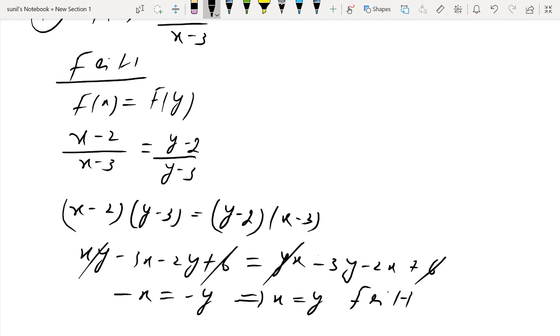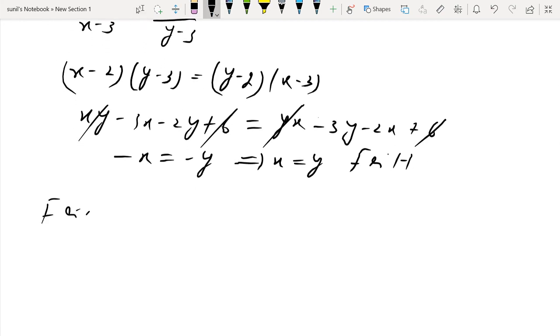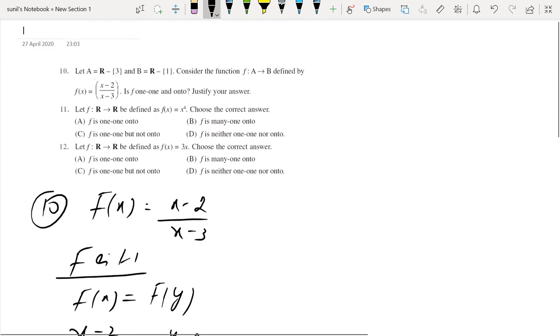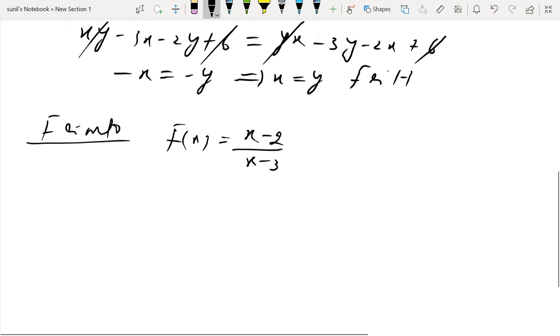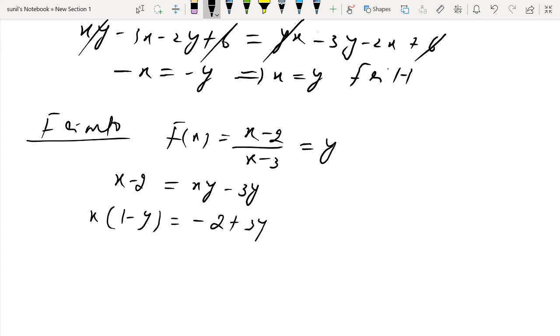f is 1-1. Now f is onto, because f(x) is equal to, we have given, (x minus 2) upon (x minus 3). I think it is the same function. Yes, I will find the range of it. Let it be equal to y. x minus 2 is equal to xy minus 3y. We can write x into (1 minus y) is equal to minus 2 plus 3y.